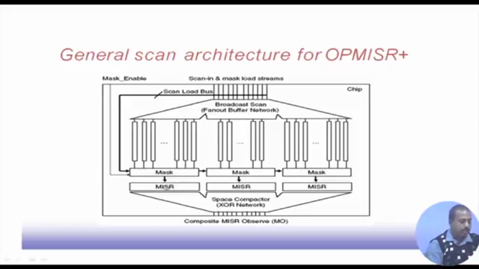It will do a space compaction, and finally we get this result. Here the time compression is done first, followed by the space compression by this space compactor XOR network. So, that way it is a composite MISR observed. That is the output part.